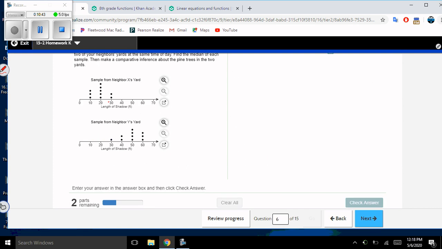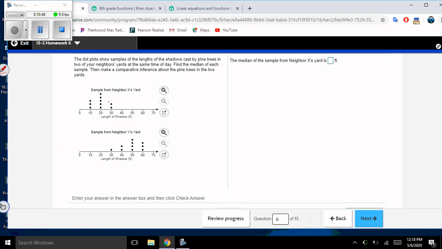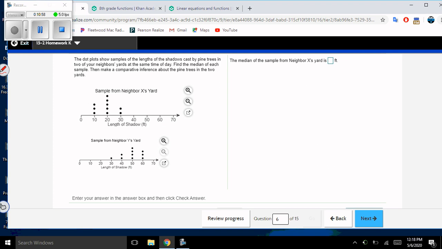And then my next question, number 6, this one's probably a little bit more up your alley, talking about tree heights, okay? And it asks us to find the median. Now, median, remember, is the middle number. So I could go to, for example, neighbor X's house, and in neighbor X's house, we have to find that answer first anyways. You can see I'm going to basically start clipping off the ends, as we've talked about with median.